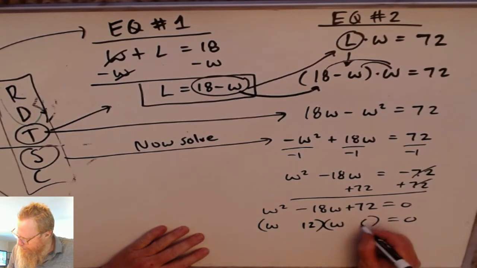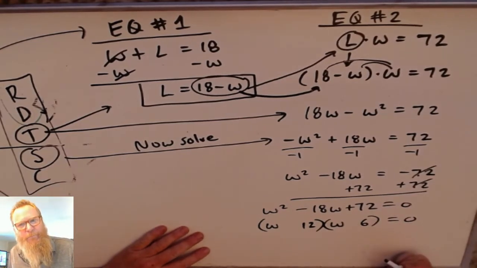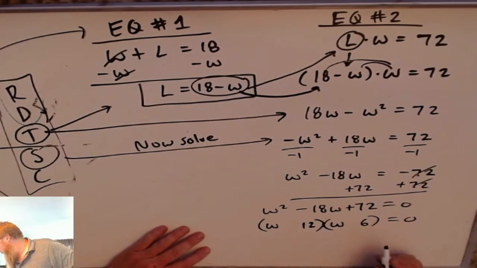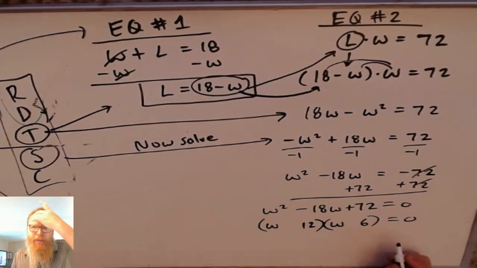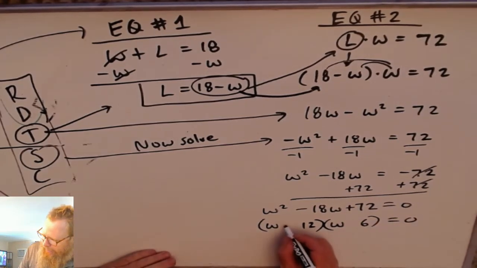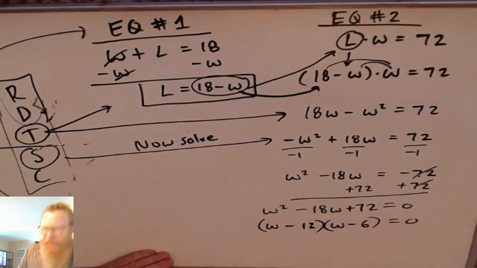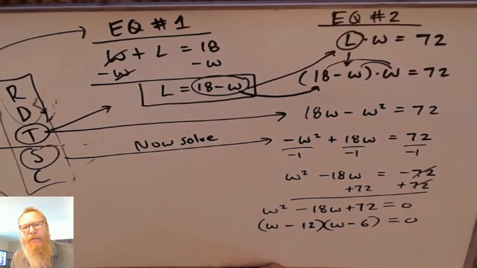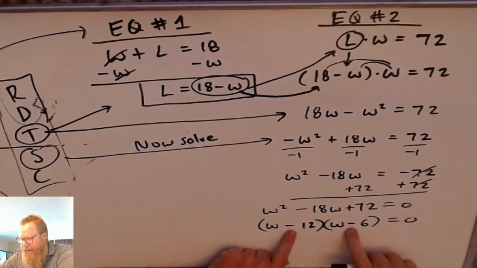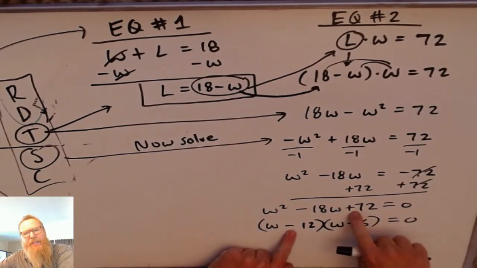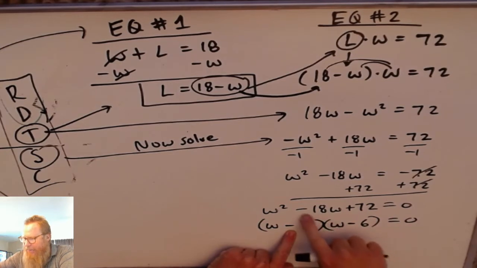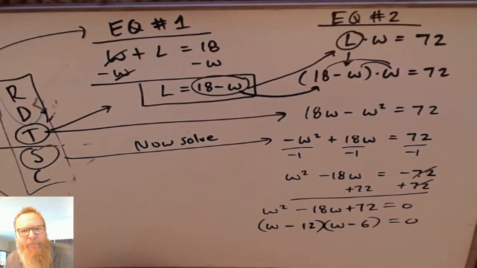That would be 12 and 6. Subtract. You see how they're both negative? Two negatives multiply to be positive 72. And if you add them, you get negative 18.